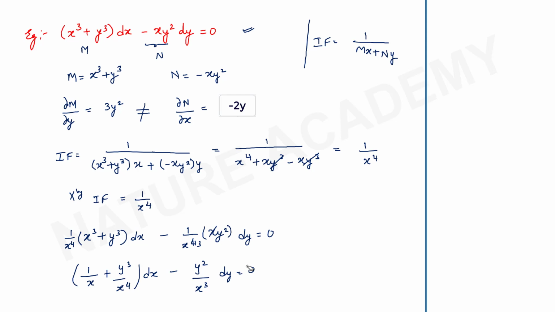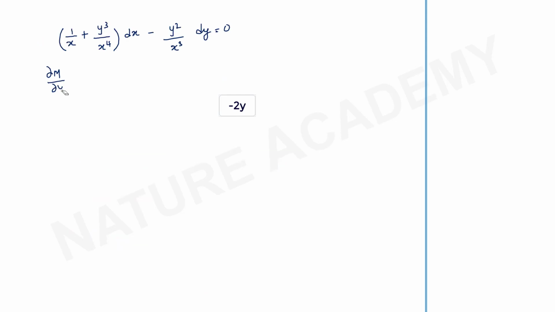Now if you check this differential equation for dou M by dou y and dou N by dou x, your partial derivatives are going to be equal and then this differential equation is said to be an exact differential equation.